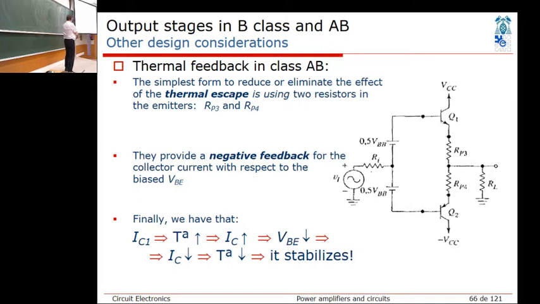So if we have a current on the collector rising, which raises the transistor temperature, which raises also the collector current, but then we also have the voltage drop over the resistor. So it means it stabilizes the current so that it doesn't go haywire.